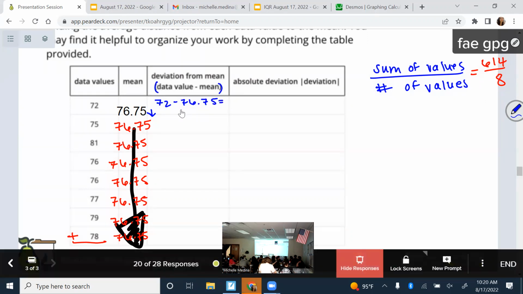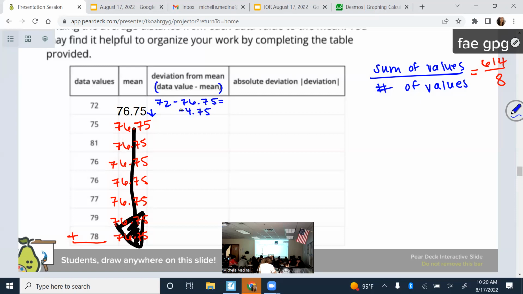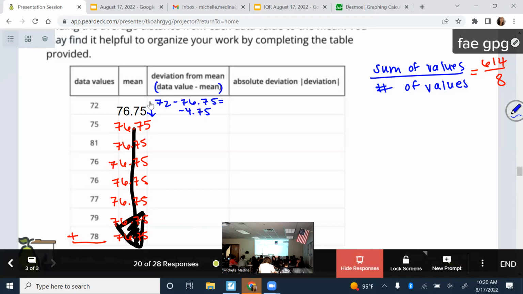All right, that sounds correct. Earlier, I took people's word for it and they were wrong. So make sure that if you're telling me the answer that you verified it in your calculator. All right, and then you keep doing that. What is 75 minus 76.75?